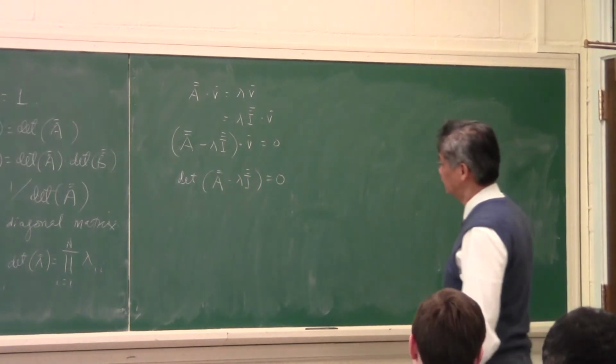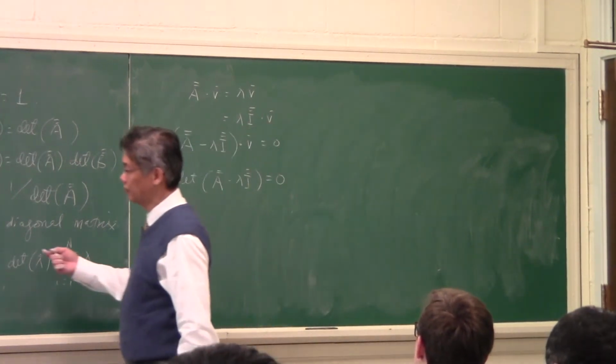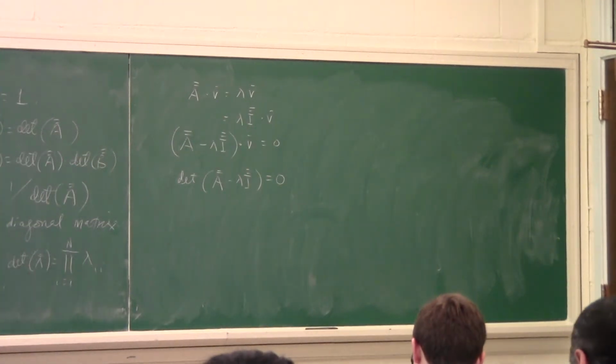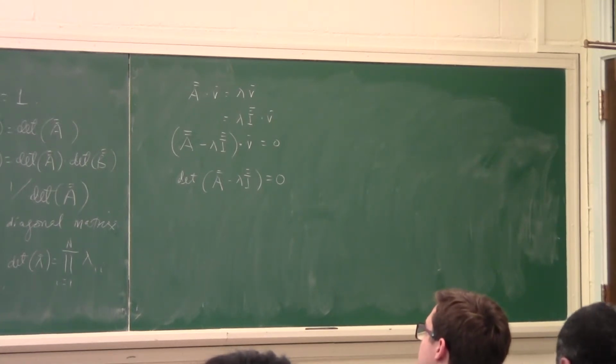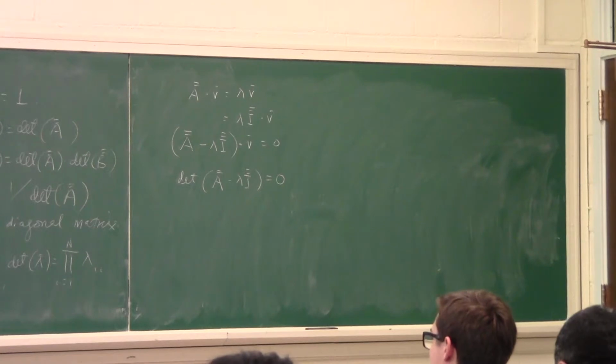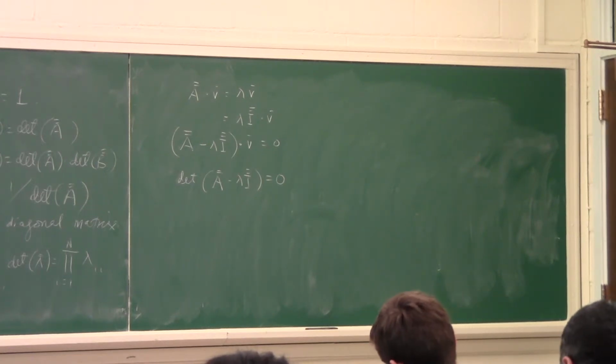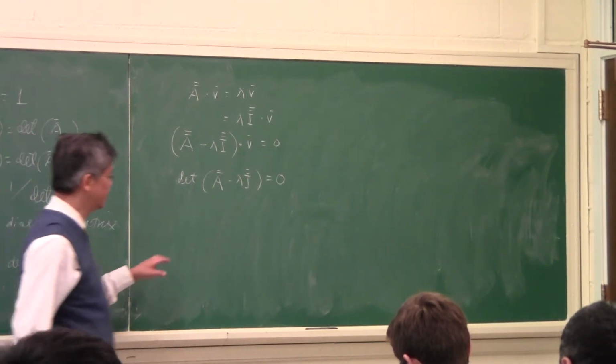And again, you go through some very complicated algorithm to find the determinants. You can use a very simple algorithm if A is 2 by 2, but when it goes to a larger dimension, the algorithms are rather complicated.